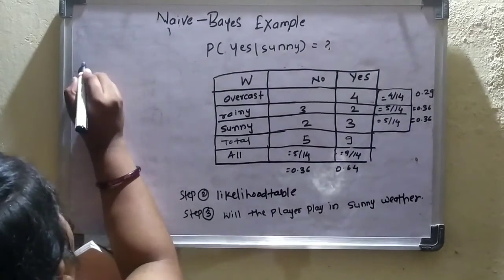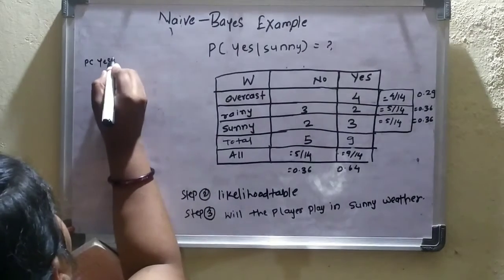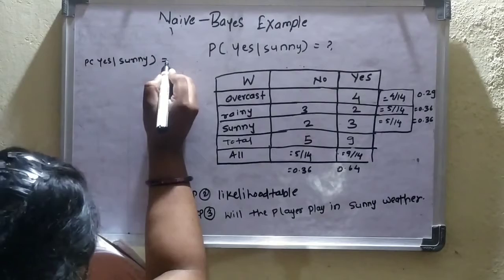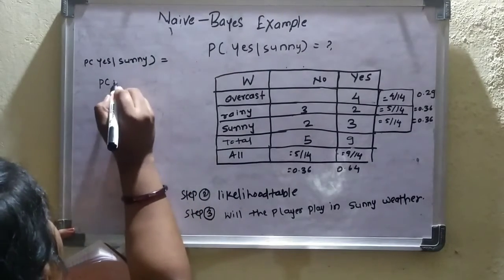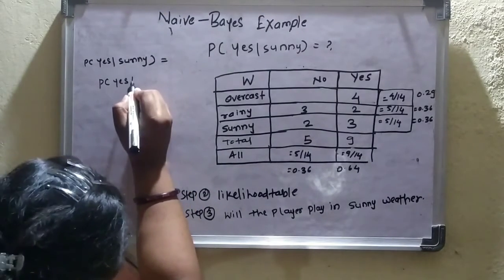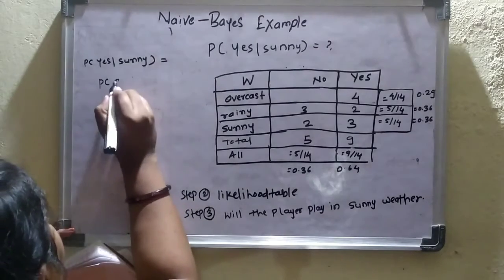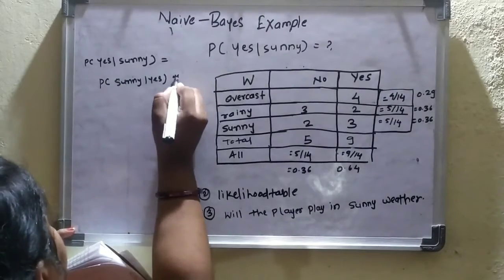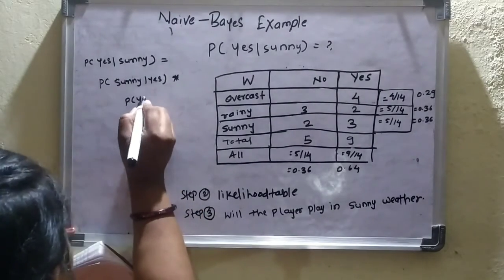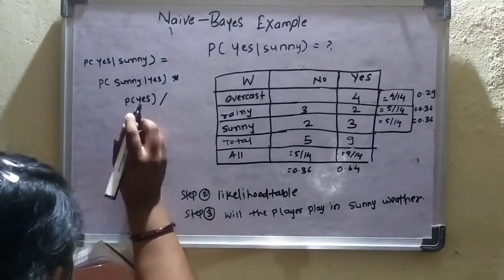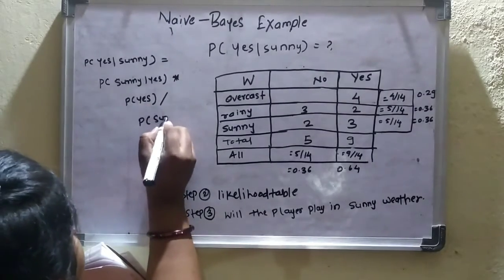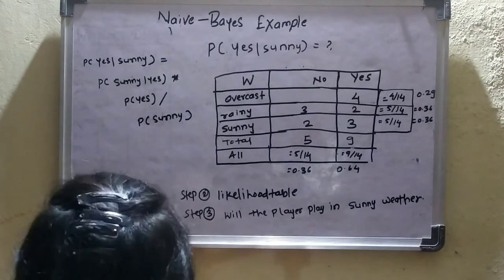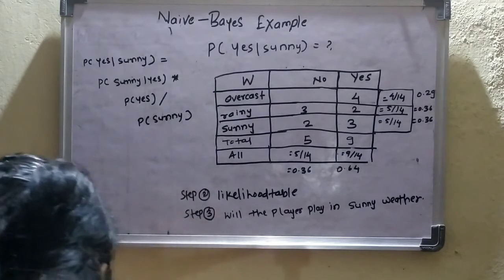So how will it be? The probability of yes in Sunny will be the probability of Sunny given yes, into the probability of yes, divided by the probability of Sunny. Now we have all of these probabilities listed here because we have done the calculation previously.